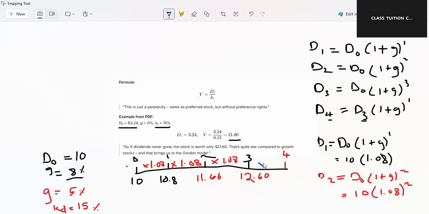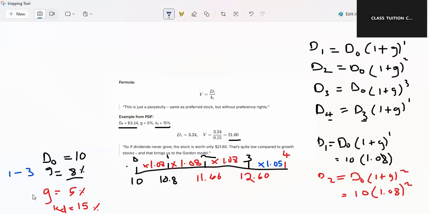We multiply by 1.05. Why? Because the growth for the first 3 years, year 1 to year 3, is 8%. That's why we're using 1.08 here, 1.08 here, 1.08.